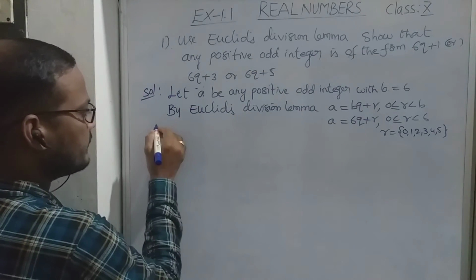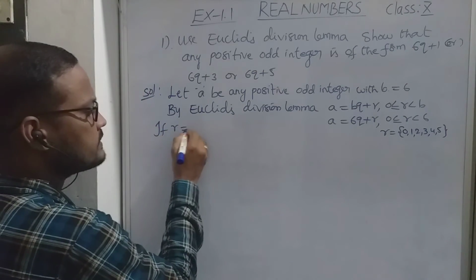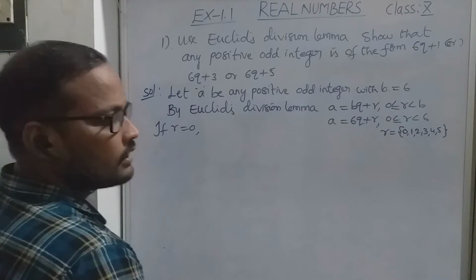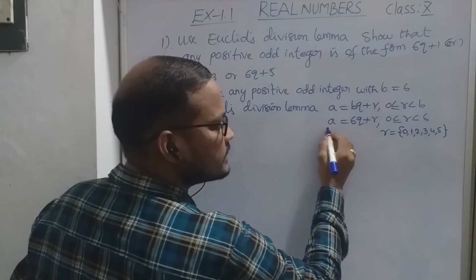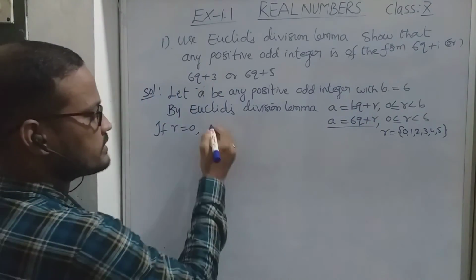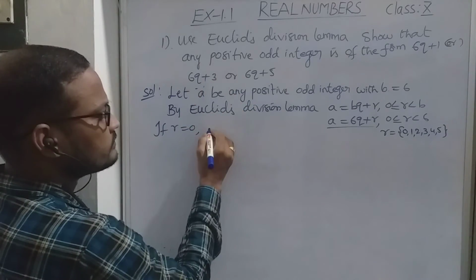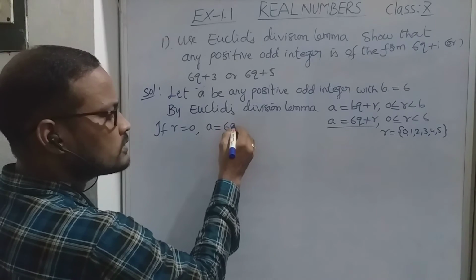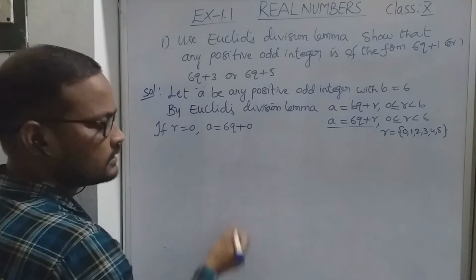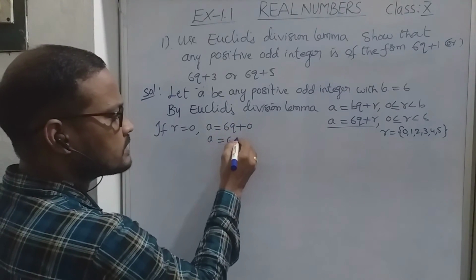Now if r is equal to 0, you have to substitute in the condition. a is equal to 6q plus r, so a is equal to 6q plus 0. Then a is equal to 6q.